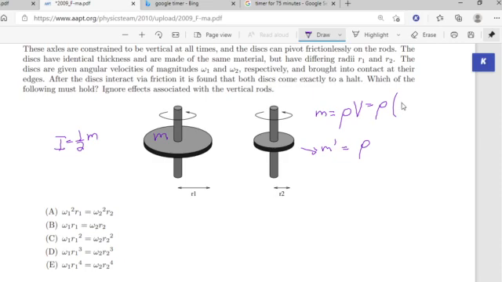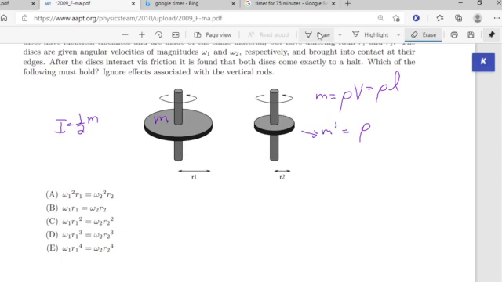Okay, so the volume of this would be, actually let's just look at the thickness. Let's look at the surface area density. So it would be length times area, my bad.